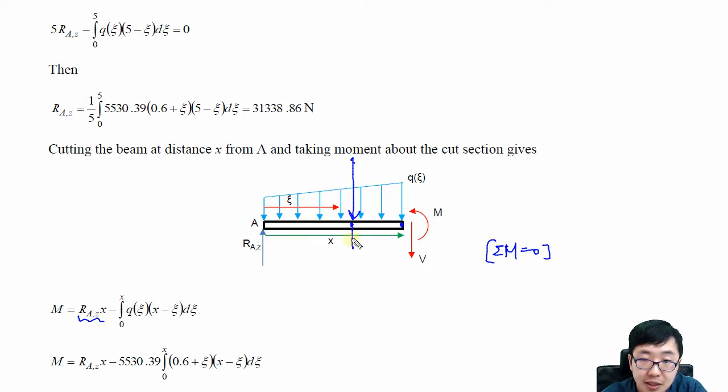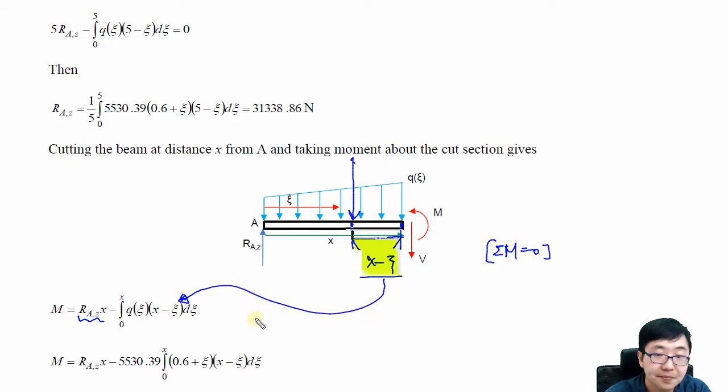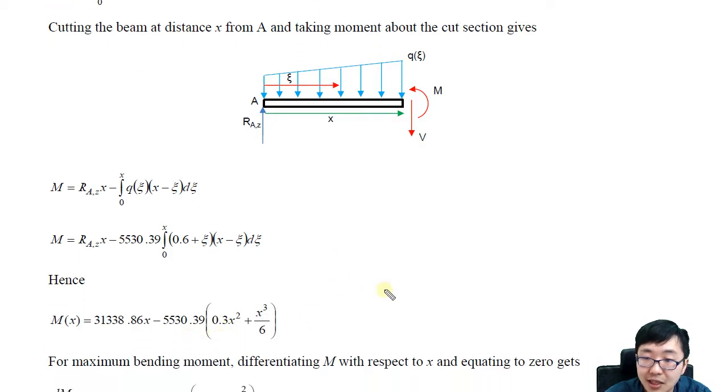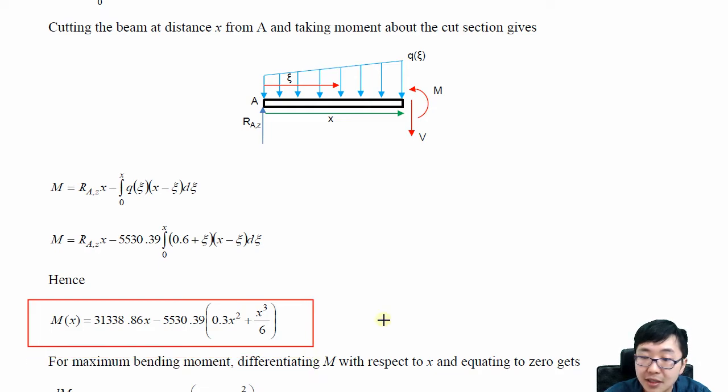Then we need to measure the length, so that should be x minus this one. This is here, so that we can get the moment like that. You know what I'm saying? So that we can get this function later on, and the following steps are exactly similar.